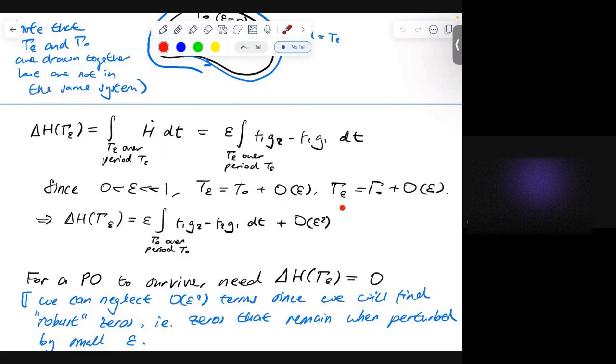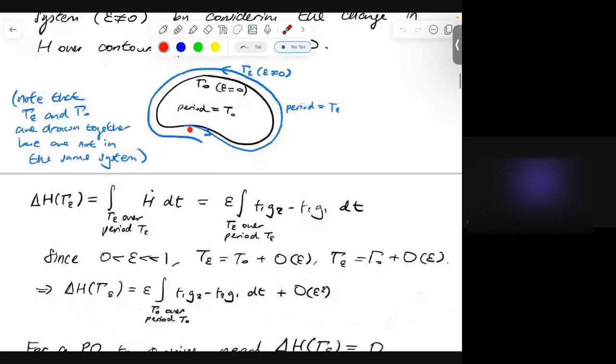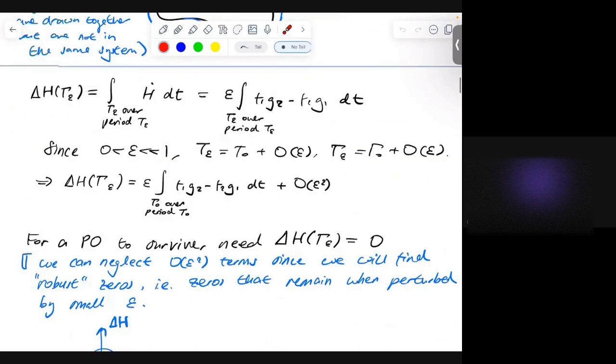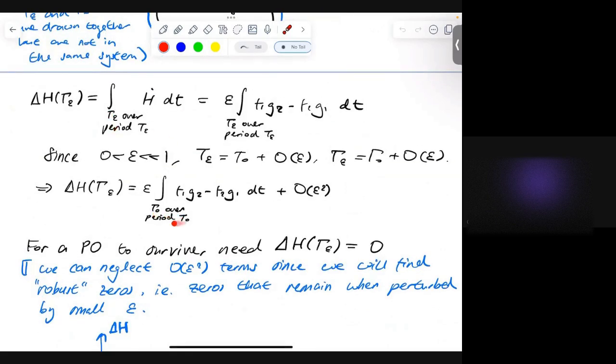And similarly with the trajectory itself, because we've only perturbed it by some term that's order of epsilon, the distance at any point between the two trajectories is going to be order of epsilon. So because of that, we simply rewrite the bounds of the integral and we rewrite the curve that we're integrating over.